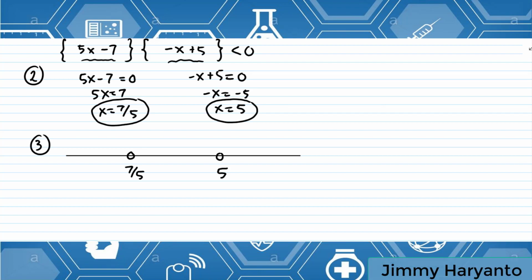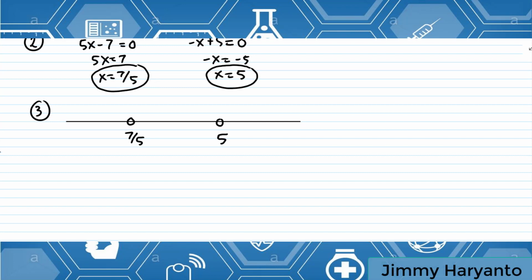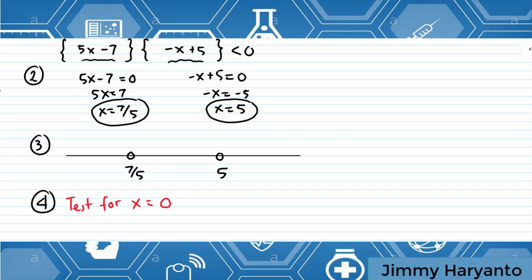And then step number 4, test a random number of x to know the sign of each area. What number do you want to use? 2, 3? It's a random number, okay? But I have a trick for this one. Try x equals 0, it will be easier.